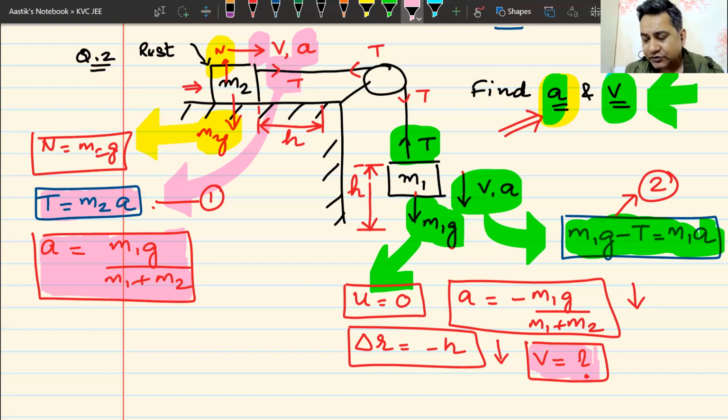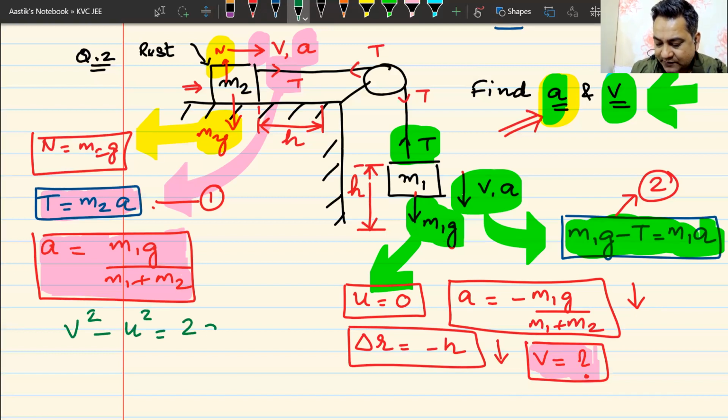Which equation are you going to use here? v square minus u square equals 2aΔ. Well done. The equation is very correct. I am very happy that you remember it. v square minus u square is equal to 2 times a into delta.